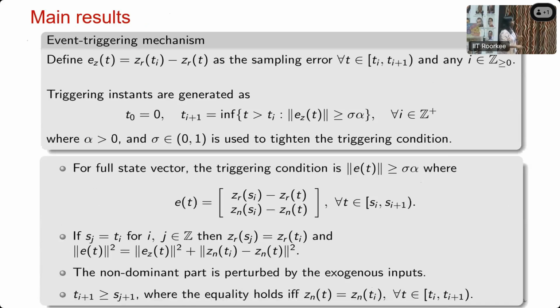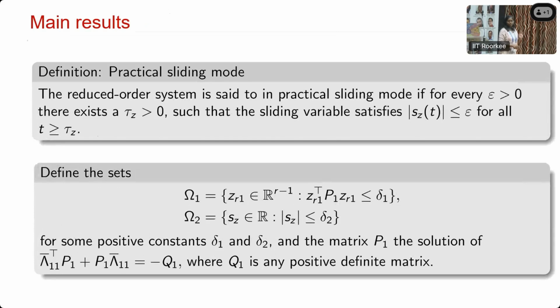So for every epsilon greater than 0, we will be able to find a tau z such that the sliding variable will satisfy this condition after a finite time. In the continuous domain, we say that s becomes 0 in finite time, but here in the event-triggered implementation, we say that s will be less than or equal to this quantity after a finite time.